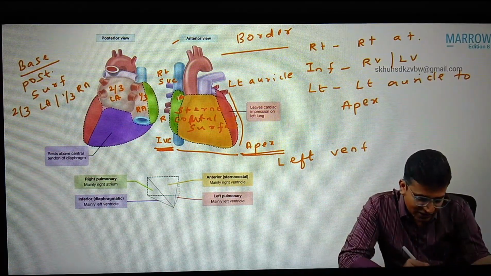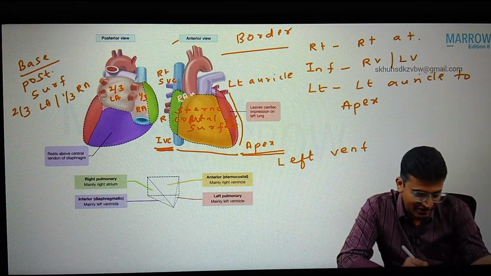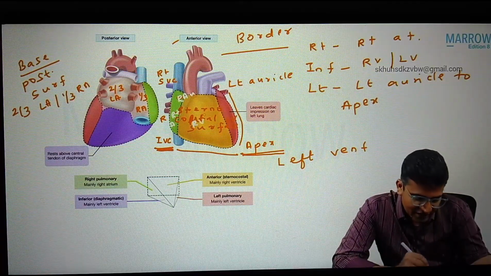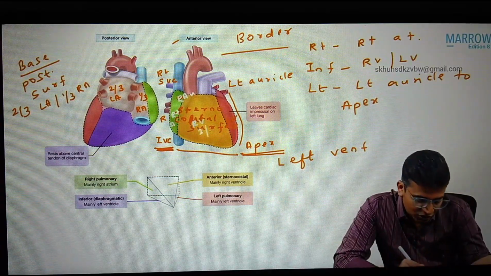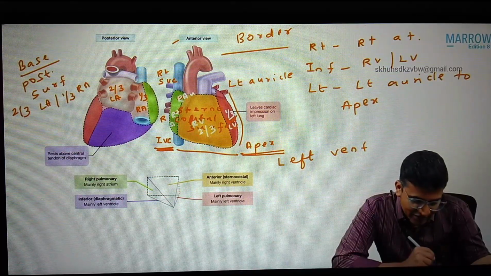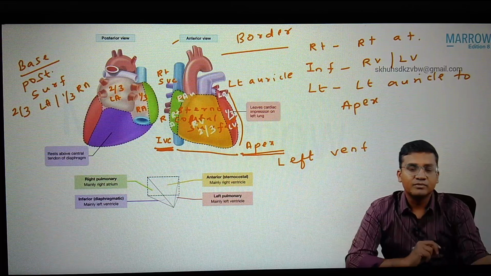This is the right auricle. I'm writing AU, which means auricle. This is the right atrium. This is the right ventricle, a major contribution: 2/3 by the right ventricle and 1/3 by the left ventricle and also by the left auricle.